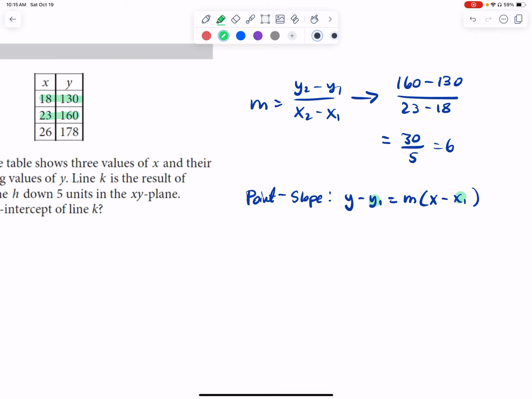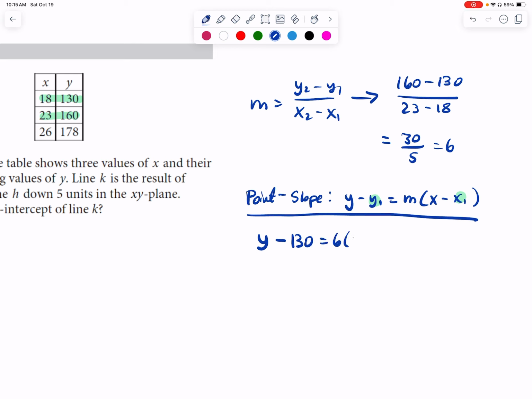I'm going to select our first point, 18 comma 130, the smallest numbers in the table, might be the easiest to work with. So I have y minus 130 equals our slope of 6 times x minus 18.